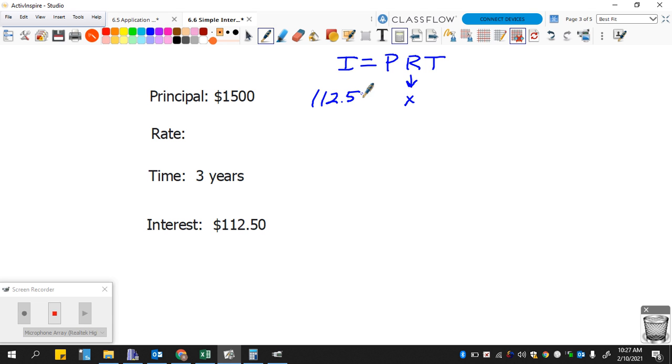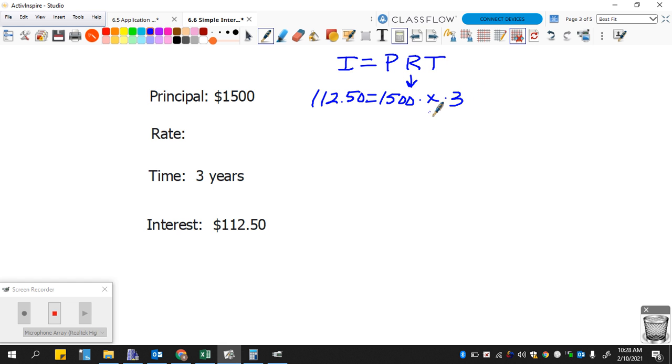Interest right here, $112.50, is equal to, I'm going to move this X here, I ran out of room, $1,500 times X times 3, because our time is 3.